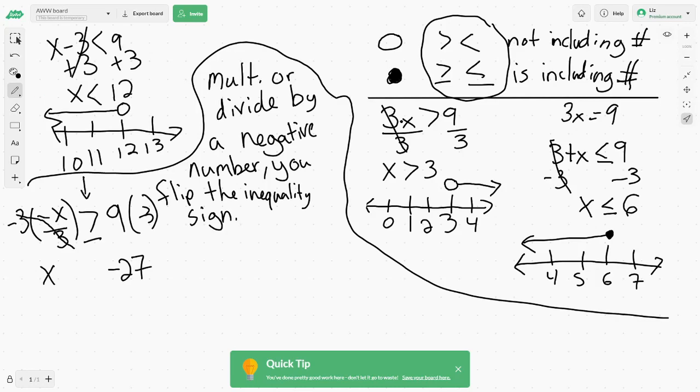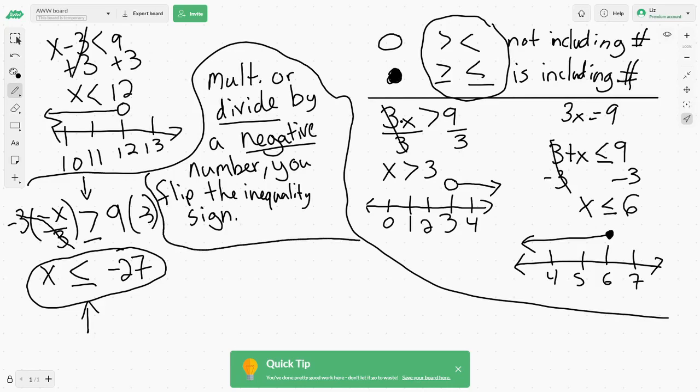But this sign is greater than or equal to, and since I multiplied by a negative number, I have to flip it and make it less than or equal to. So this greater than or equal to became a less than or equal to. If you multiply or divide by a negative number, you must flip the inequality sign.